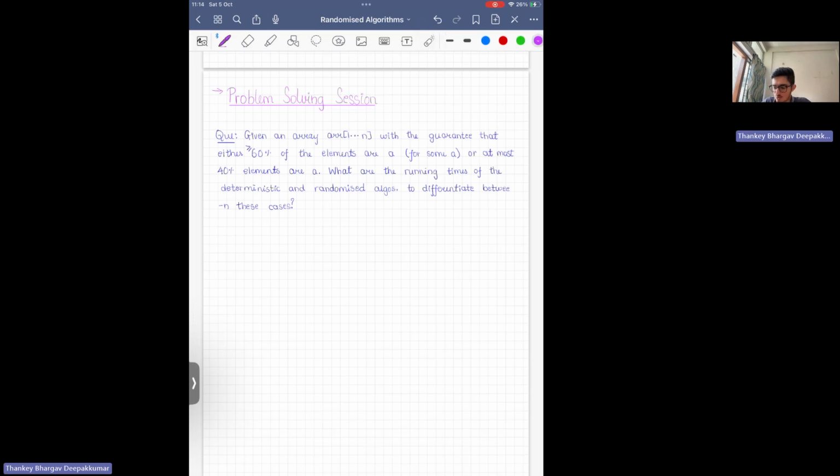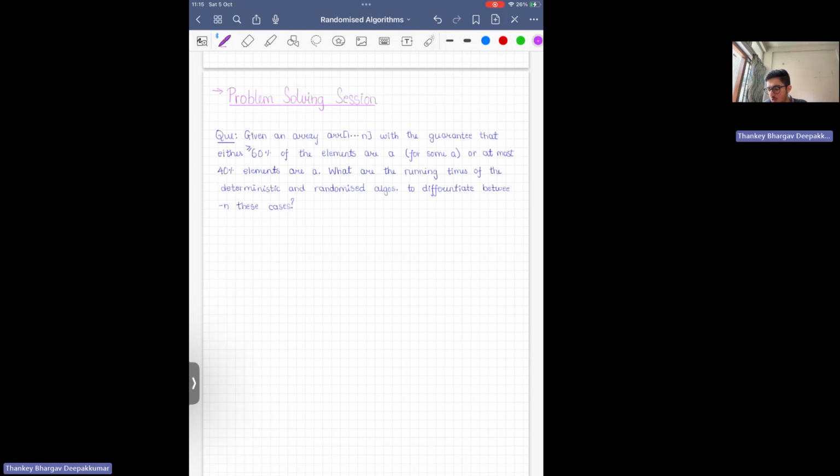Okay. So the first problem we looked at was from week one. The problem is the following. We are given an array ARR 1 to n, so the length of the array is n, and we also have the guarantee that either at least 60% of the elements in the array are A for some fixed value A, or at most 40% of the elements in the array are A. And what we want to do is come up with a deterministic algorithm as well as a randomized algorithm which can differentiate between these two cases.